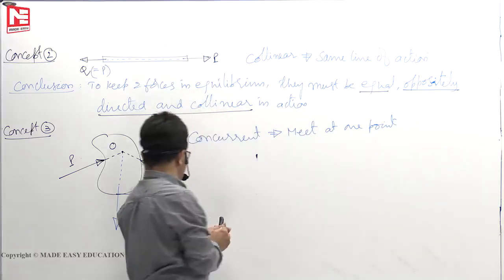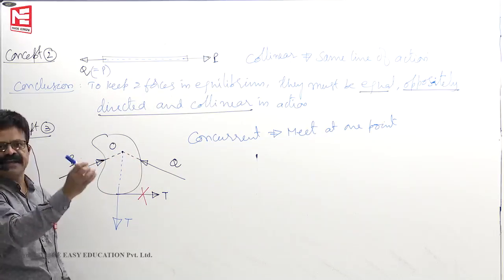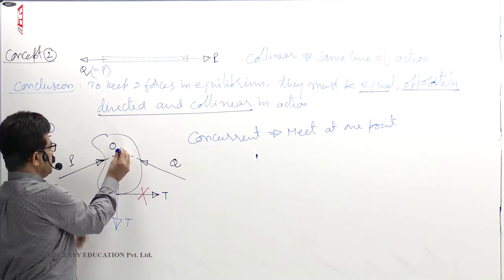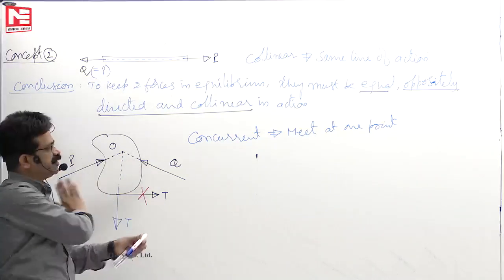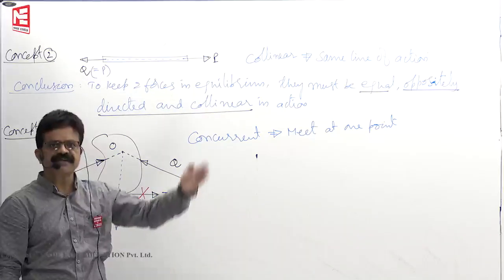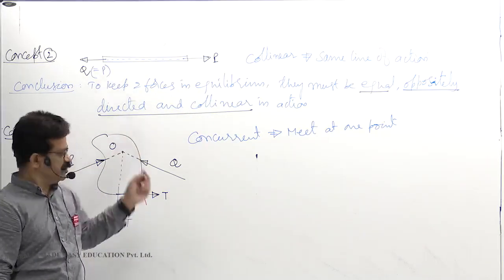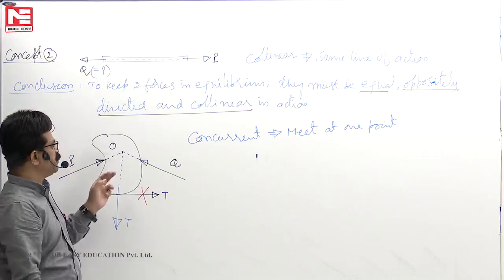Assume that the three forces are concurrent and T force is acting say out of plane like this way, either perpendicular or some other inclined direction, but not in the plane of the board. And P and Q are forming a plane. Let us say it is the plane of the board. T is out of plane, let us say. Then what will happen out of plane?